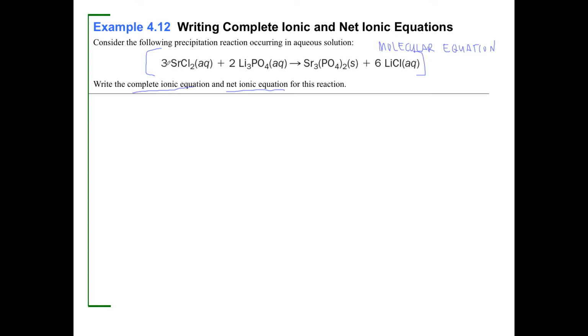Okay? So let's name these first. First of all, this is strontium. And I see that strontium is in group 2, so it's always going to be +2, and I don't need to say what its charge is. It's simply strontium chloride, and I really should say, watch this, aqueous strontium chloride plus, and what's this?